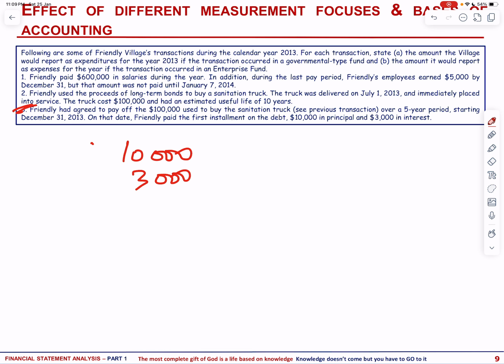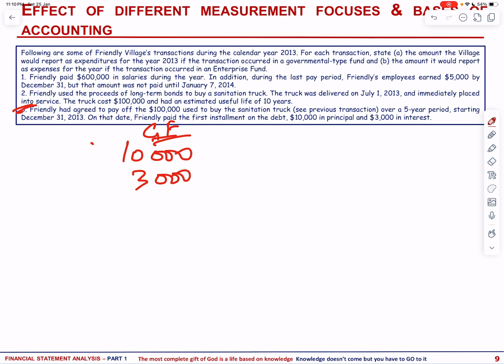Now, under the modified accrual basis, for the general fund, the expenditures for governmental type funds are recognized when the payment is made.